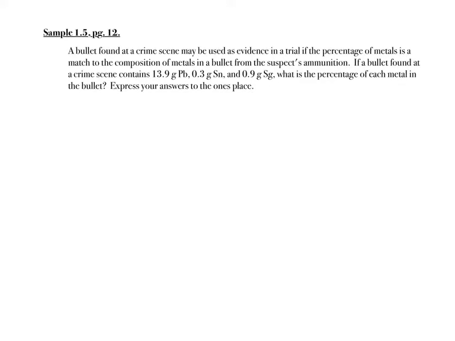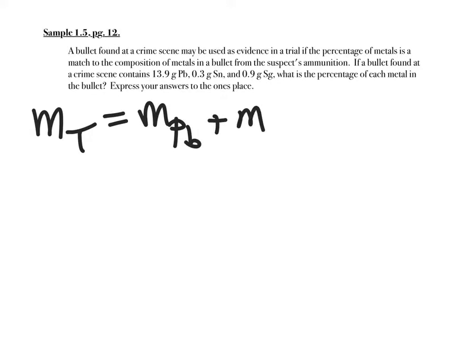So, in order to do this, I need to find the total mass. And so, I'm going to write that as M sub T for mass total. That's just going to be the mass of lead plus the mass of tin plus the mass of antimony.